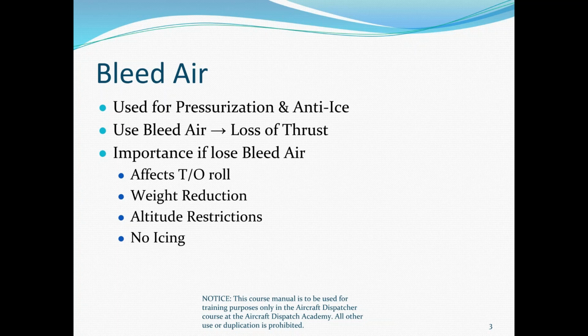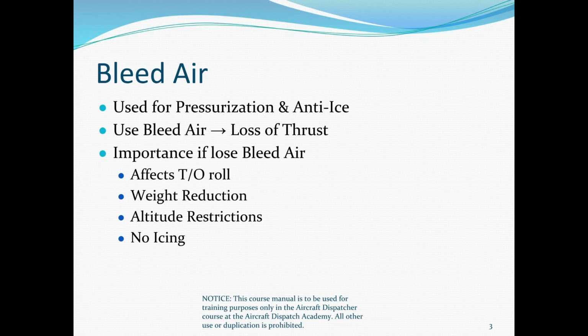As you can remember, one of the main ingredients to producing thrust in the jet engine is air. So if we have to pull air off of it, we're gonna lose that thrust.